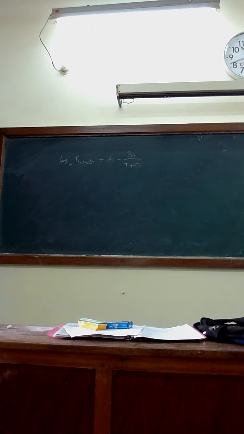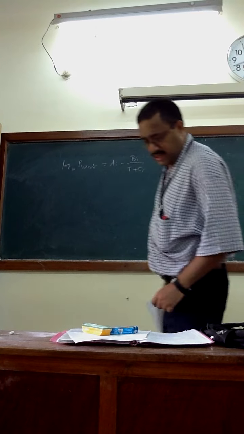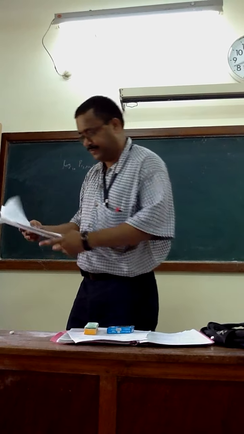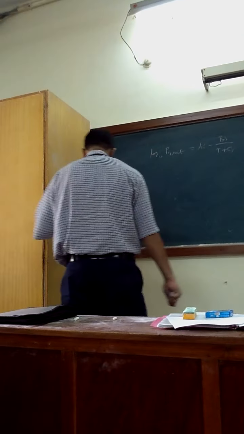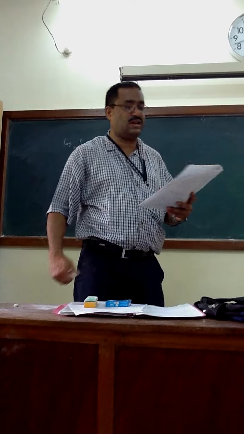For benzene and heptane, are Ai, Bi, Ci given? Yes, they are given in the next table. Temperature is given, how much? 60 degrees centigrade, right?